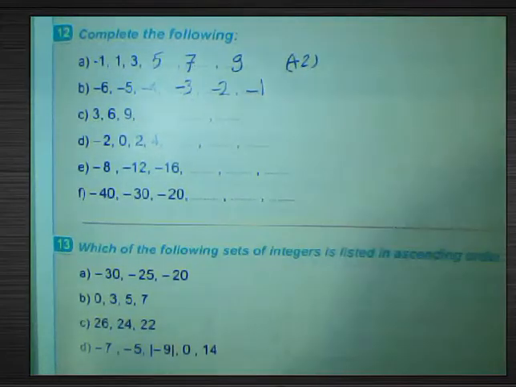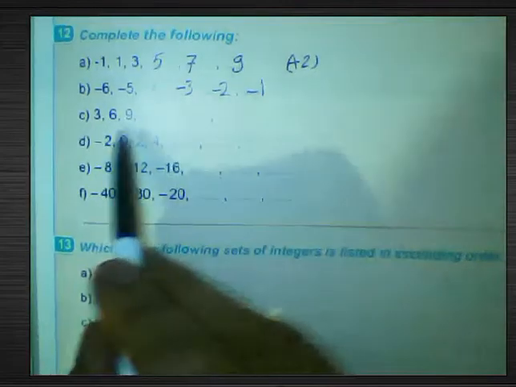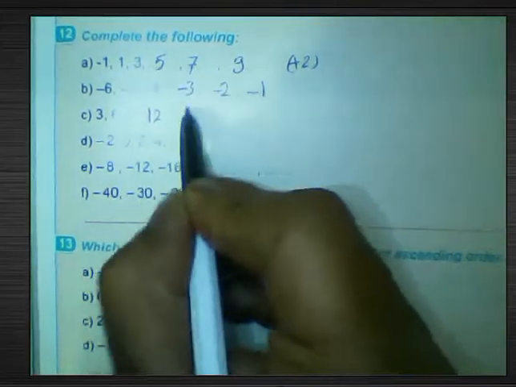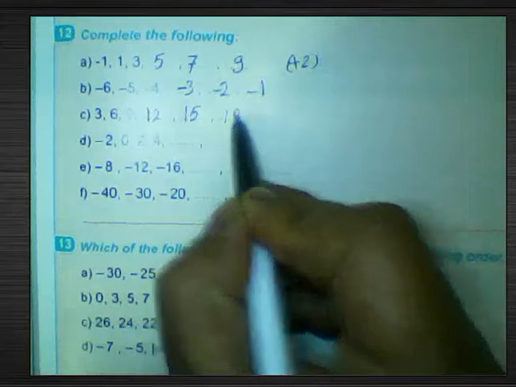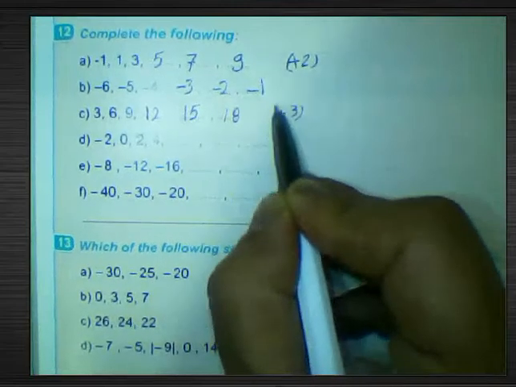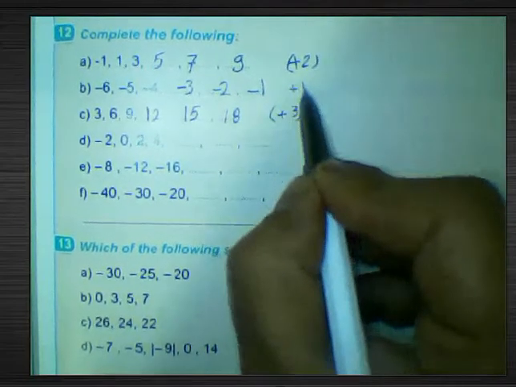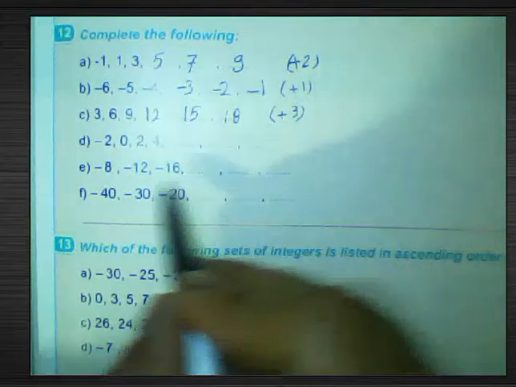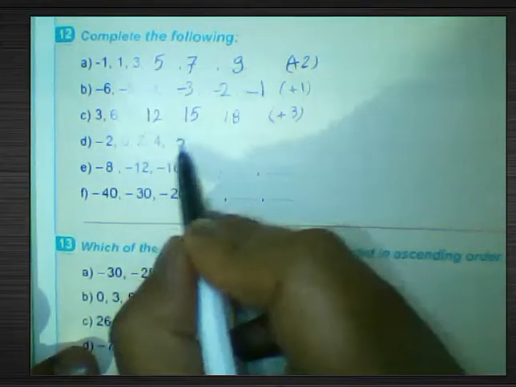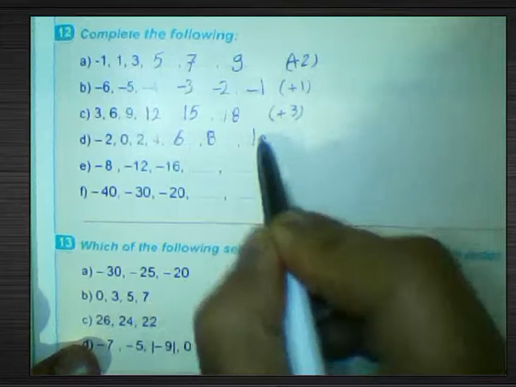He adds 3. 3, 6, 9, 12, 15, 18. The rule will be +3, and the last rule will be +1. -2, 0, 2, 4, 6, 8, 10. He adds 2.